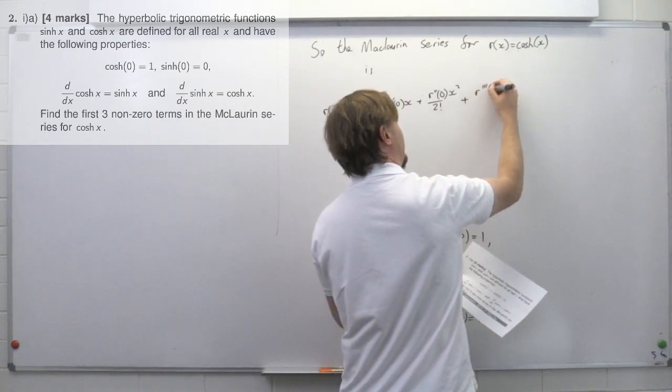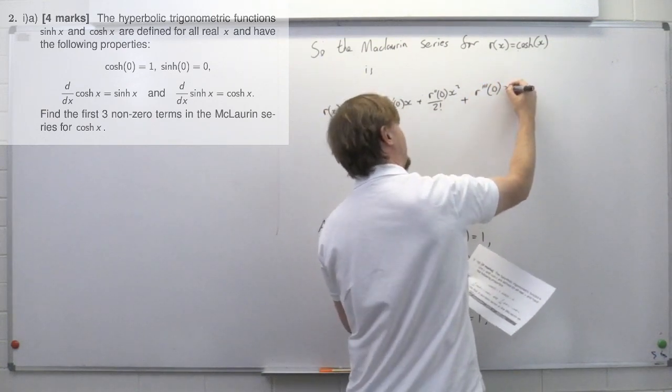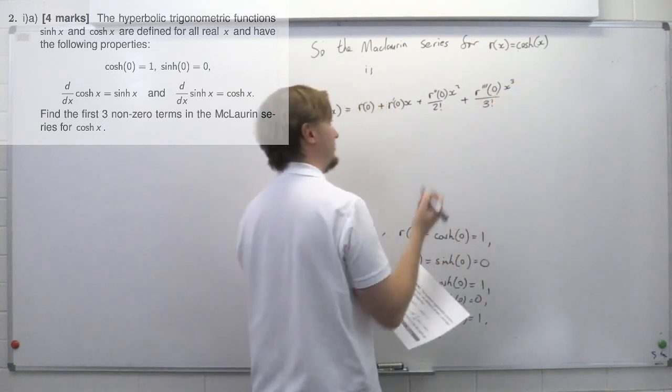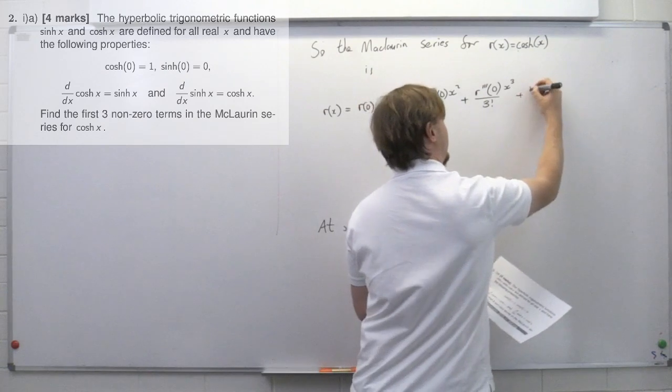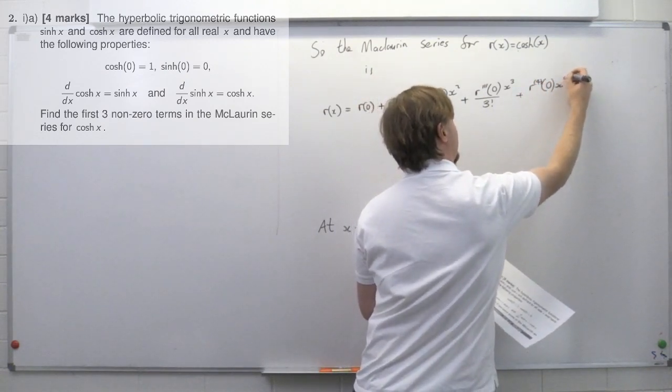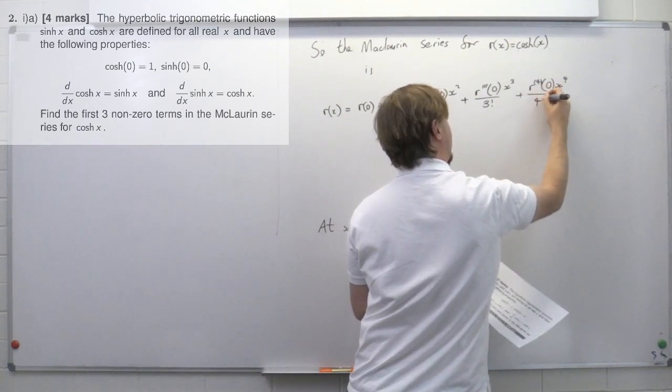You'll have a third derivative evaluated at 0 times the cubic over 3 factorial. And we do need one more term, so the fourth derivative at 0, and that's all divided by 4 factorial.